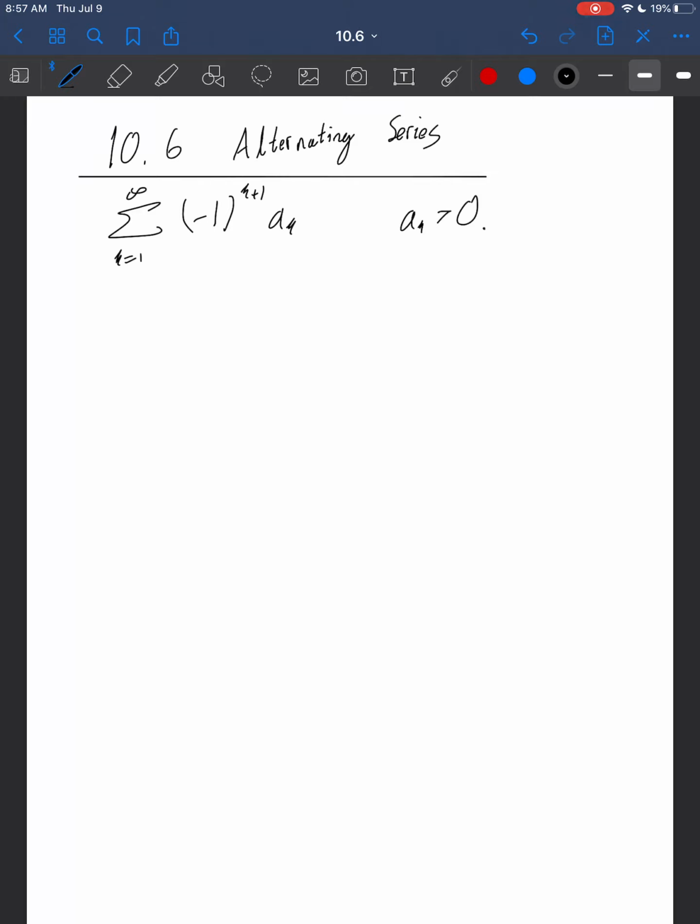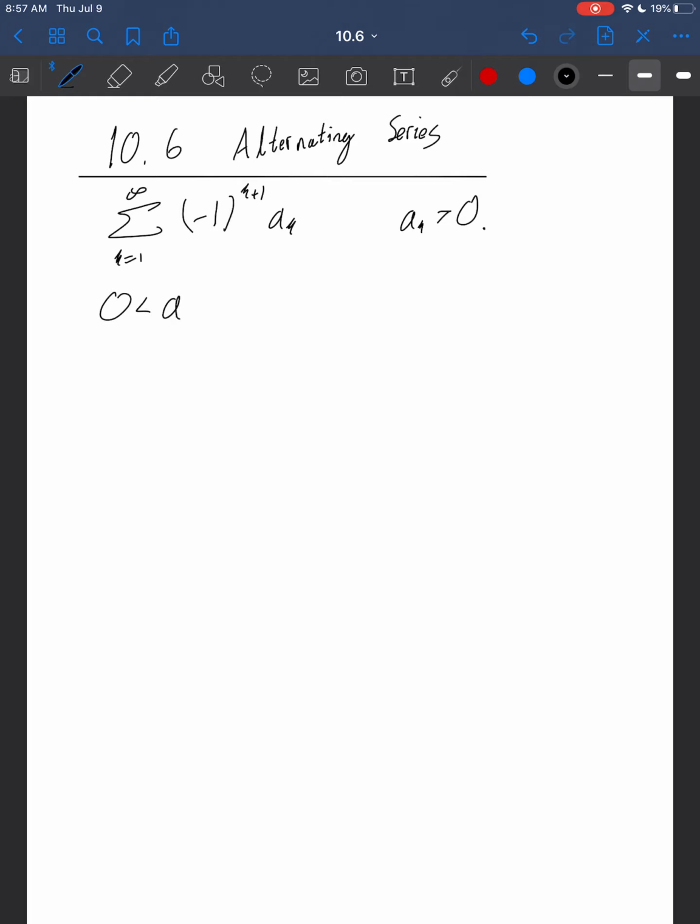The really nice thing about alternating series, however, as I mentioned before, is that it's much easier to tell whether they converge or diverge. In particular, the converse of the divergence test is going to be true in this case, with one extra condition.